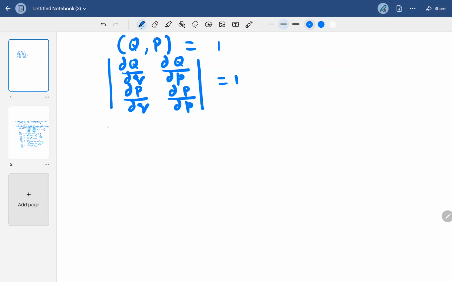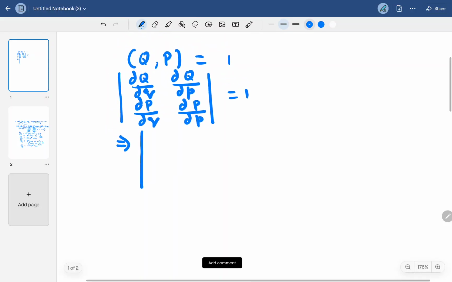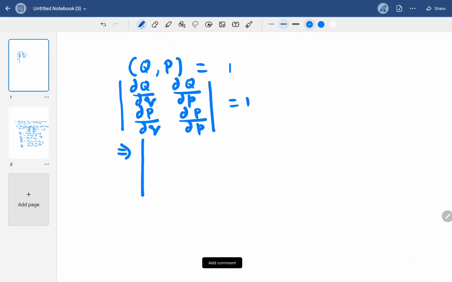What is the value for the determinant of the first row, dou Q by dou small q? The answer is e power alpha cos p root 2q, root 2 into 1 by 2 root q.